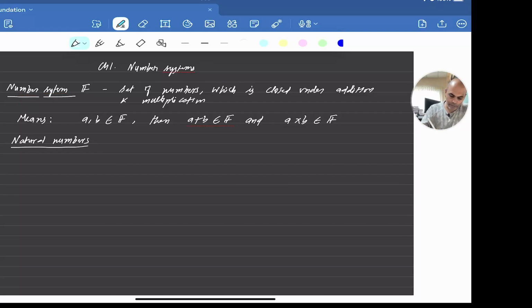So it's denoted by the symbol N. This set includes numbers such as 1, 2, 3, etc., that we use for counting objects. So how do we know that the set of natural numbers is a number system? We know it from our experience.